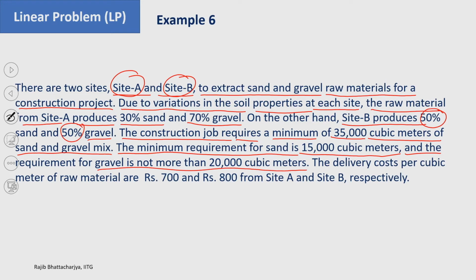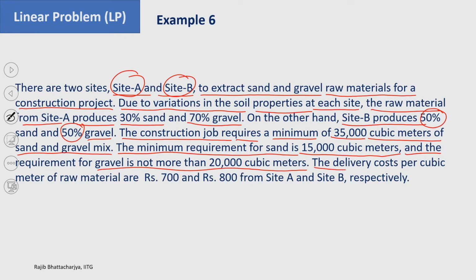So, the gravel requirement is less than 20,000 cubic meter, but the sand requirement is more than 15,000 cubic meter. That means the minimum requirement is 15,000, but for gravel the maximum requirement is 20,000.